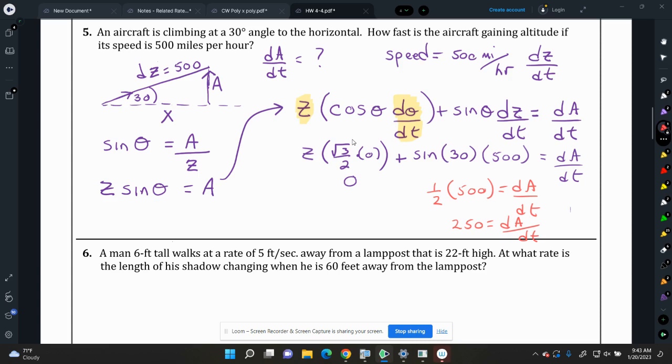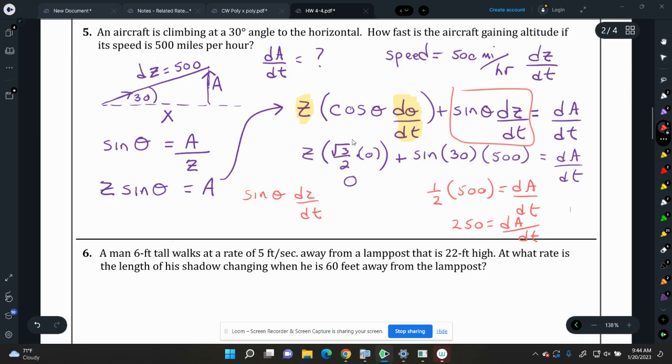Do you just not give a unit because it doesn't give us one? No, there is a unit. My unit is coming from this: sine theta times dz dt.